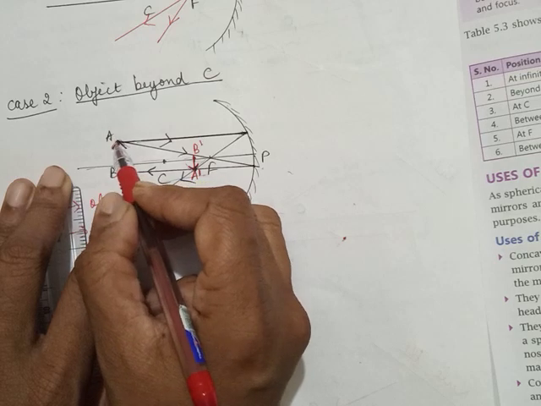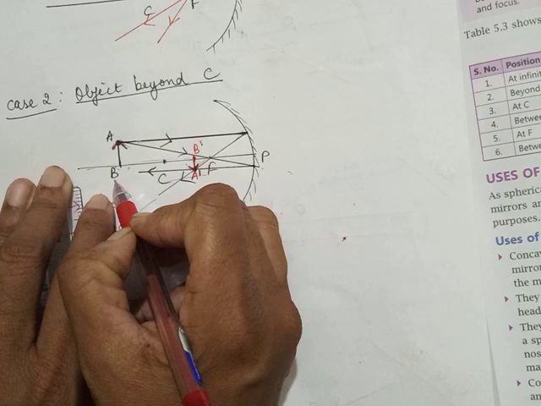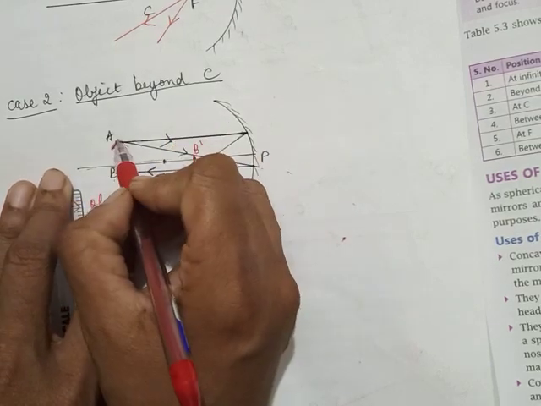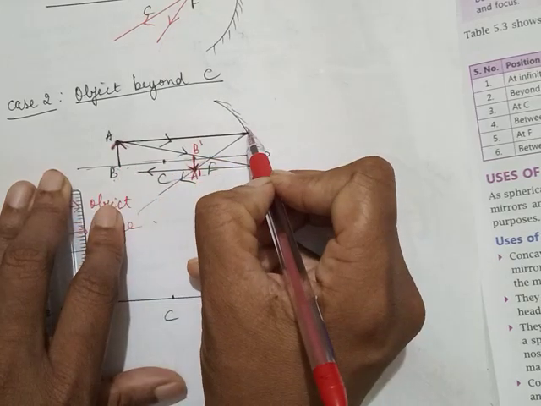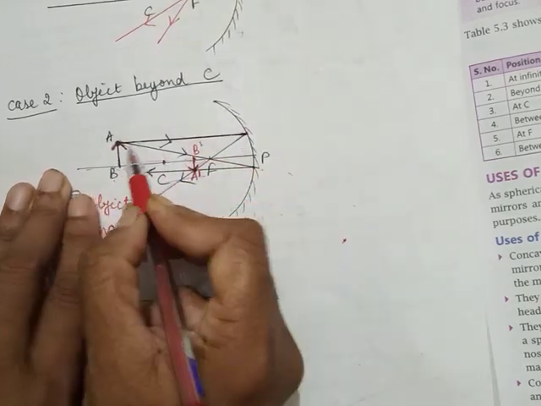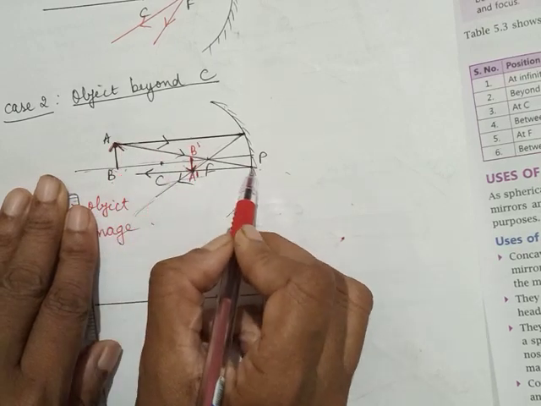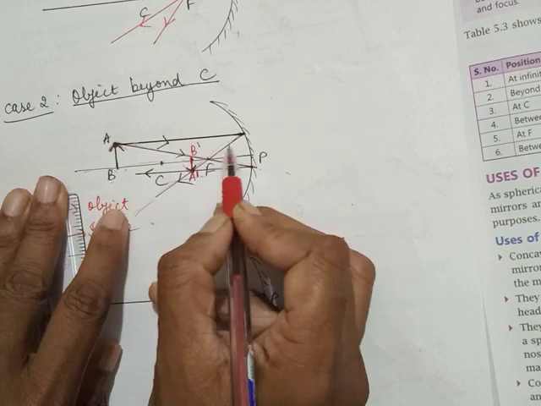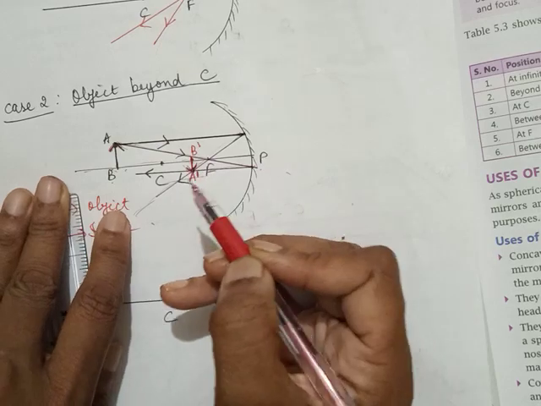Where the arrowhead is, that is A. The base part is B. From the point at the top, I am going to take two rays. One ray parallel to the principal axis; after reflection it will go through principal focus. The second ray I am taking passing through focus, and after reflection it is going to go parallel. Now these two reflected rays will meet at a point, and that's where the image is formed.